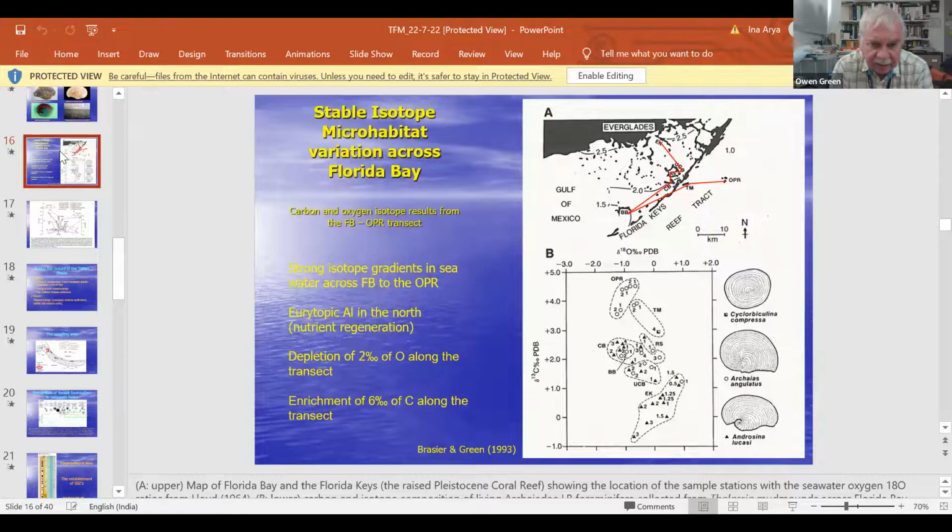I'll just take you through. So I actually examined a transect through the keys, and then when we plotted the stable isotopes of the foraminifera, we found that each of the particular environments were slightly offset from one another.